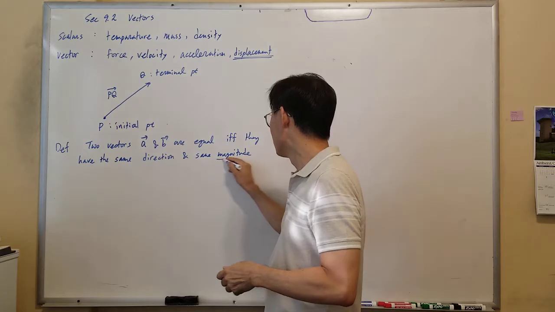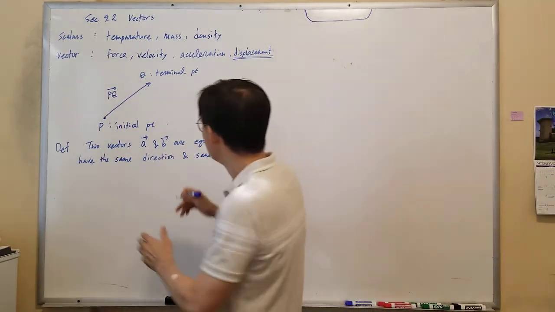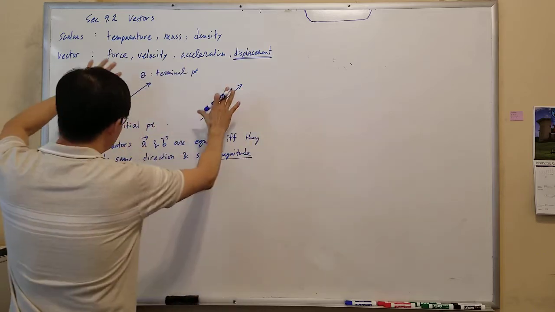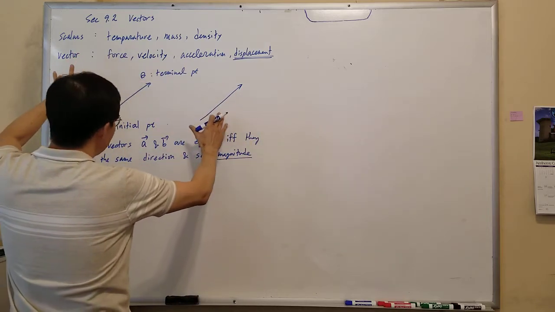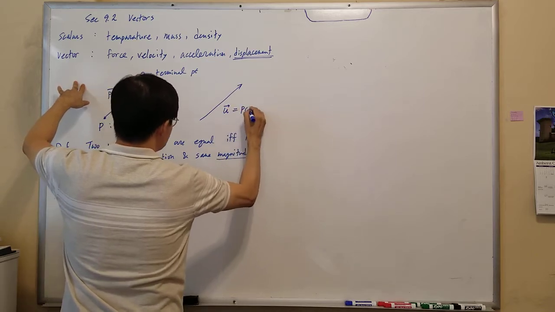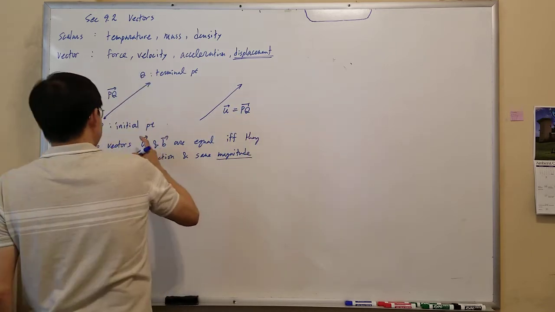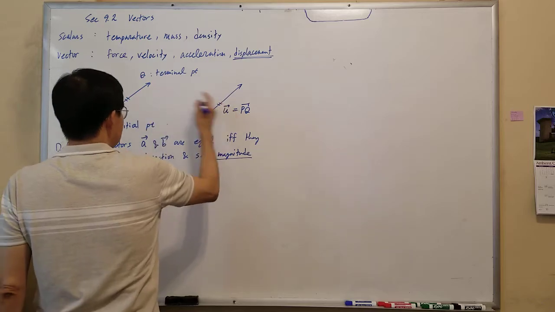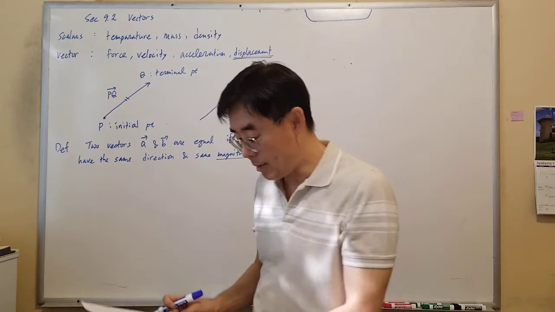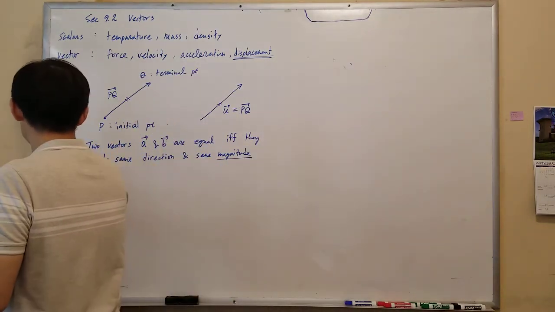Size means magnitude. They are equal. So if I draw this, let's say this is exactly the same magnitude and same direction, okay, same size and same direction, then they are the same vectors.